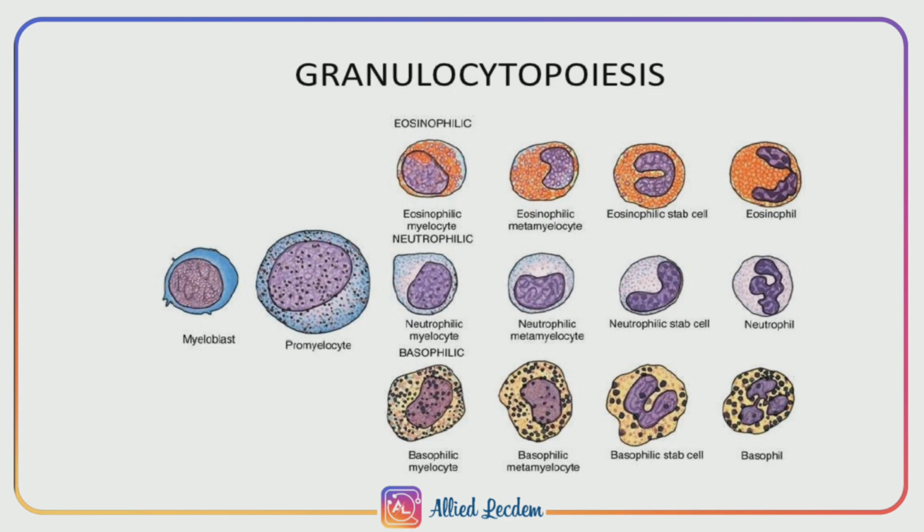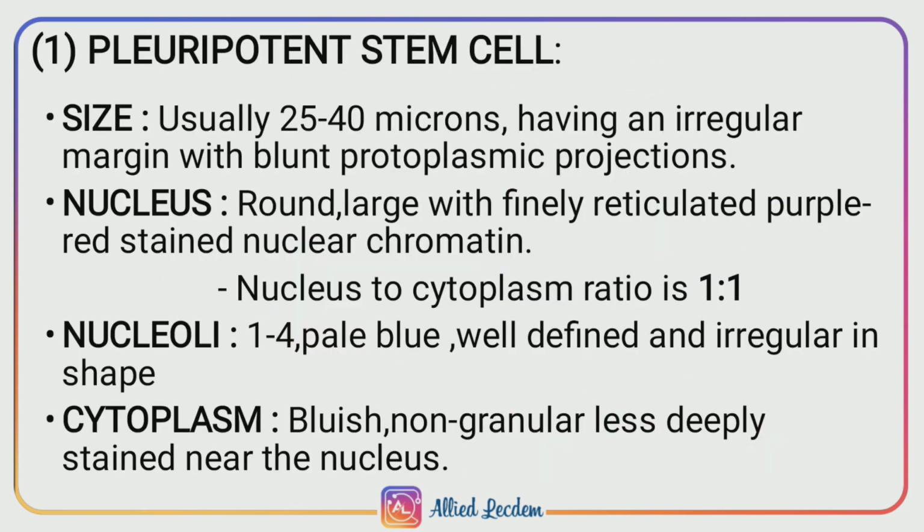The developmental stages are the same for all granulocytes. So here, from the pluripotent stem cell, the myeloblast is developed. Then promyelocyte, myelocyte, metamyelocyte, stab cell, which is also called band cell, and finally the granulocyte.